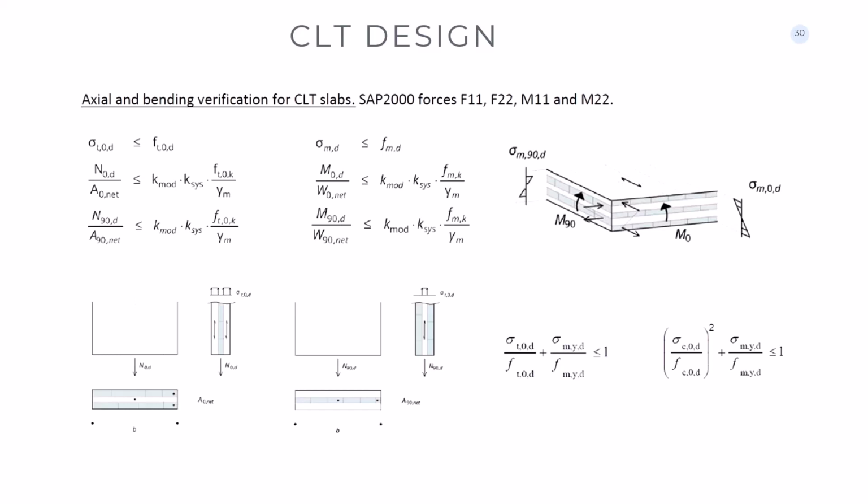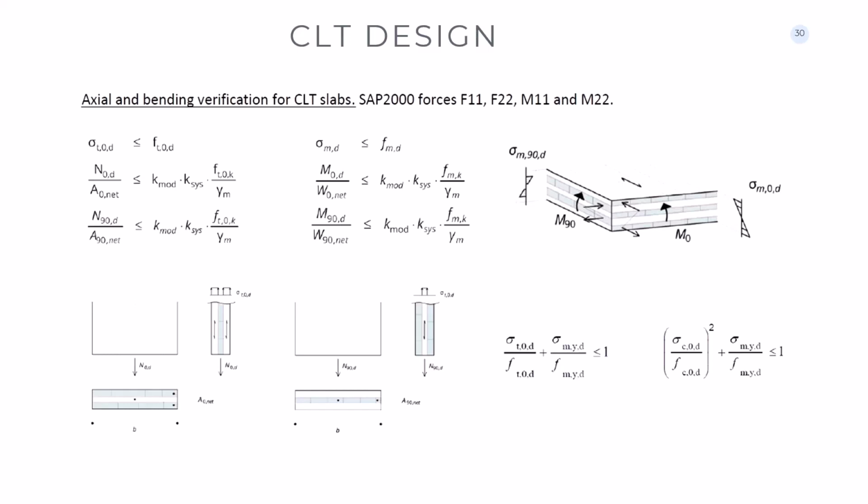But it's actually nonlinear. So you see here the stress distribution. Because timber, when you are along the grain, has a modulus of elasticity of 12,000. When you go against the grain, it's 1,000. So it's 1 to 10. And also the stress capacity is the same ratio, 1 to 10 more or less.